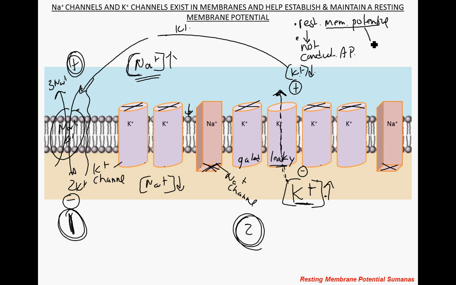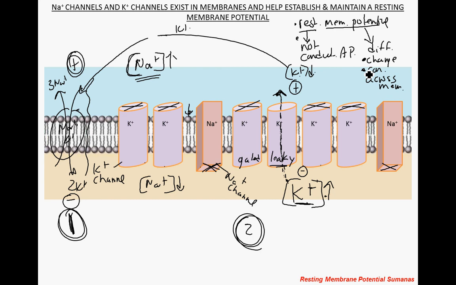And membrane potential referring to that there's a difference in charge and a difference in concentration across the membrane. Okay? So when a cell is at rest, that means it's not conducting an action potential. There's a membrane potential, meaning there's a difference in charge and concentration of these ions across the membrane.